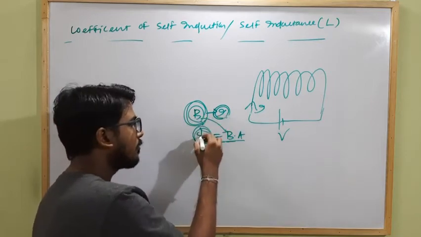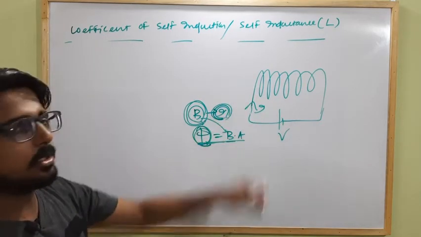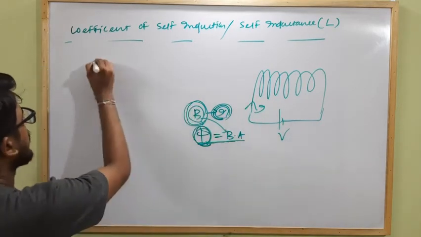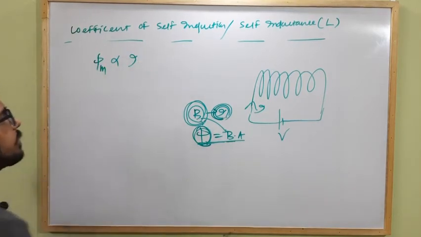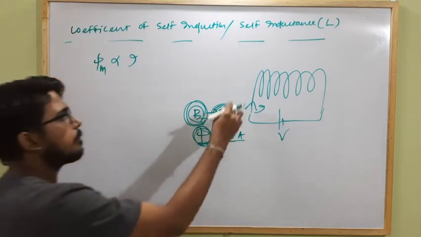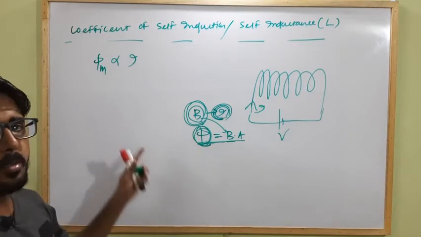That means phi increases when the electric current flowing through the inductor increases. That's why we can write that the magnetic flux linked with the inductor is directly proportional to the current flowing through it, because if a high amount of current flows through it, the magnetic flux linked with the inductor will be more.